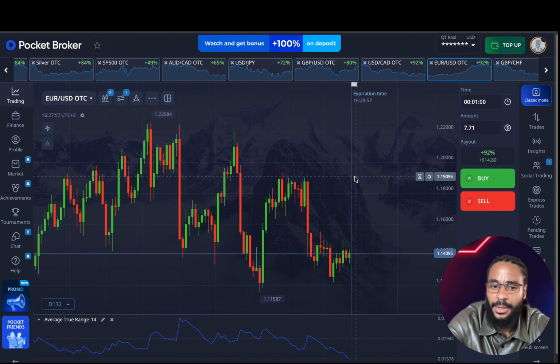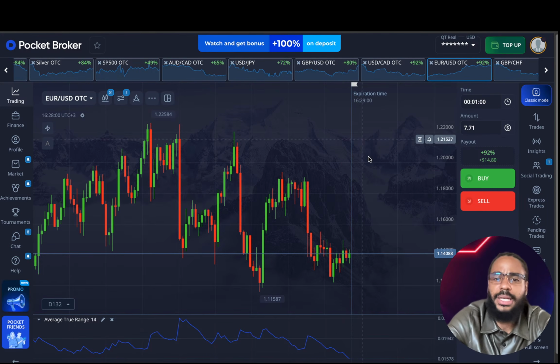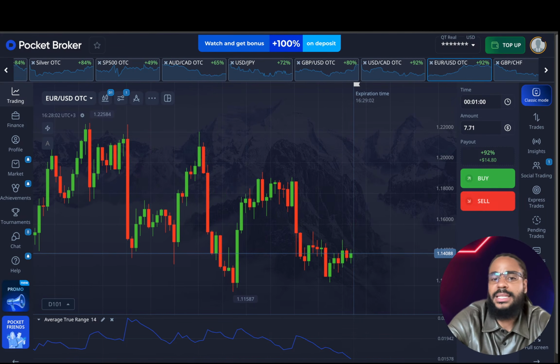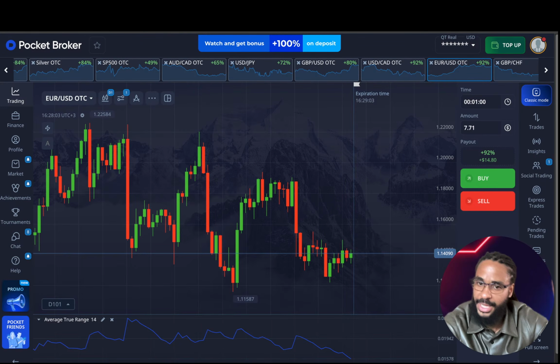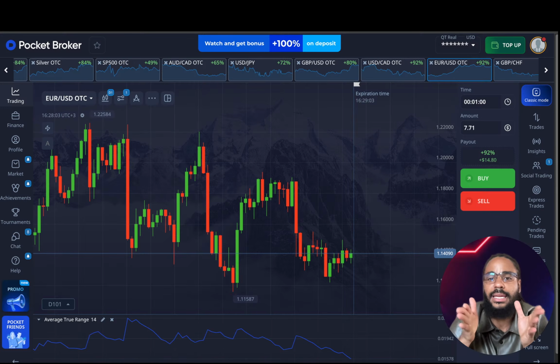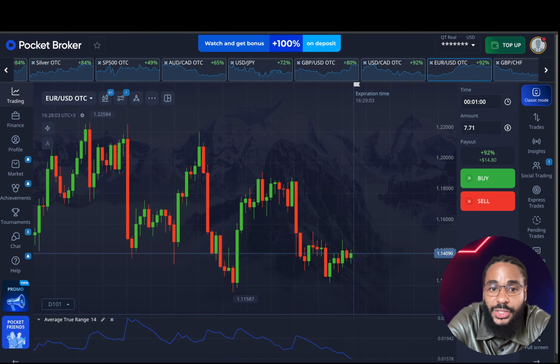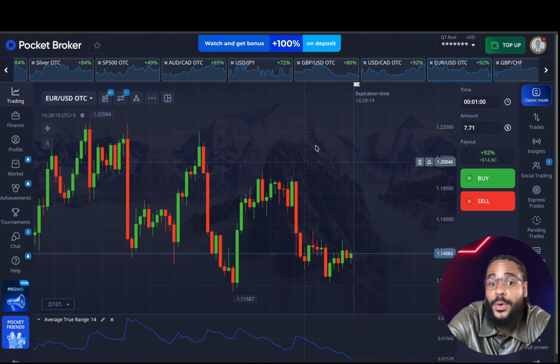This is the framework before any major data release. You have three scenarios for these high impacts: either it beats, it misses, or it lines up with the speculative forecast. You decide in advance what each one means for the pair you're going to trade.